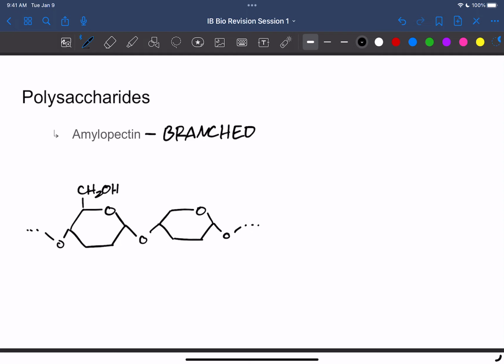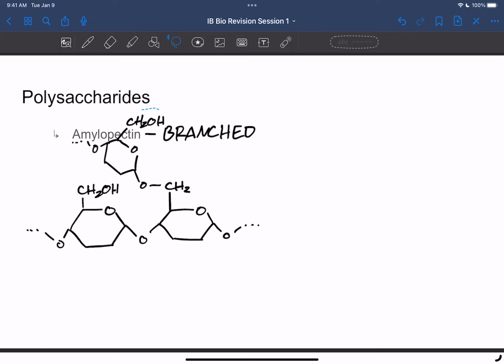But then, not to throw a curveball, these can have other kinds of linkages too. So these have two different kinds of glycosidic bonds.